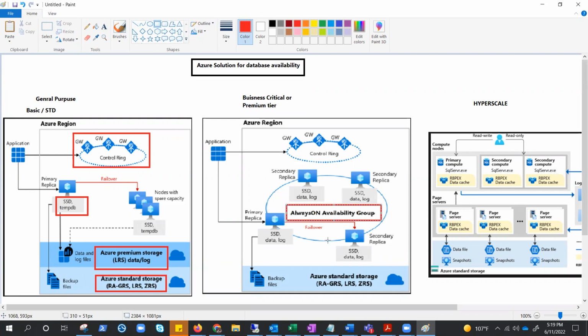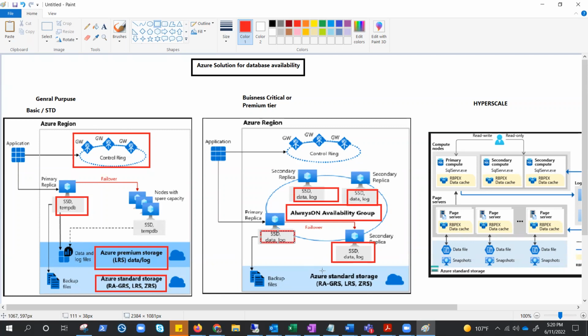As you can see, we have right here in all the VMs, and this ring right here representing the Always On. But if you see here in the GP, this is the premium storage. So there is a network latency, but here it is not. And in this availability group, there are 3 secondary replicas.